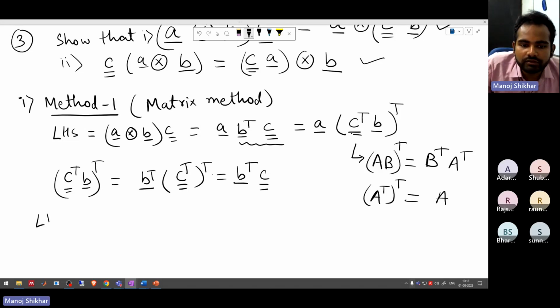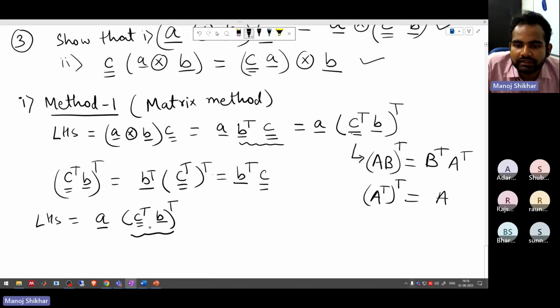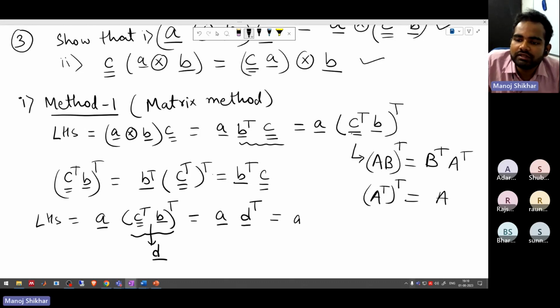So LHS will be A into C transpose into B whole transpose. Now this thing is actually a vector. Let us denote it as D. So we have A D transpose. Now what is the meaning of A D transpose?